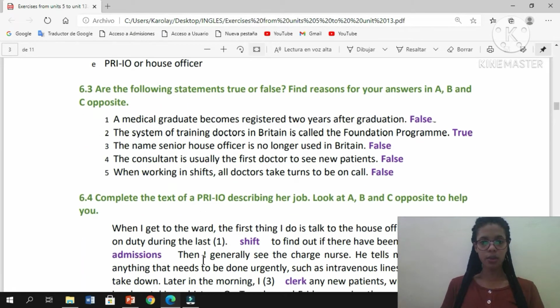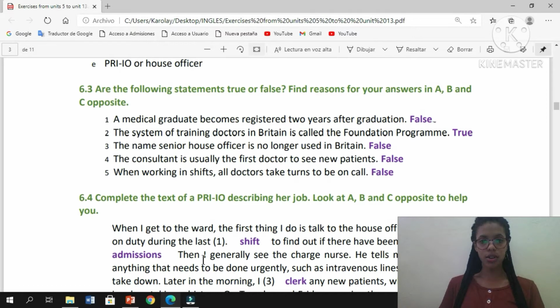Are the following statements true or false? Find reasons for your answers in A, B, and C opposite. A medical graduate becomes registered 2 years after graduation. The answer is false. The system of training doctors in Britain is called the Foundation Program. The answer is true.